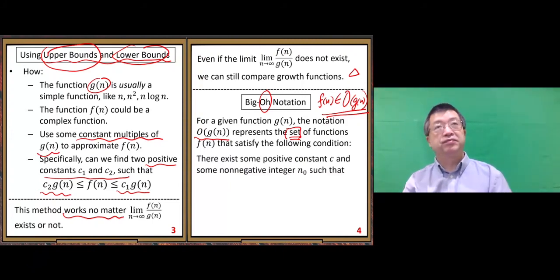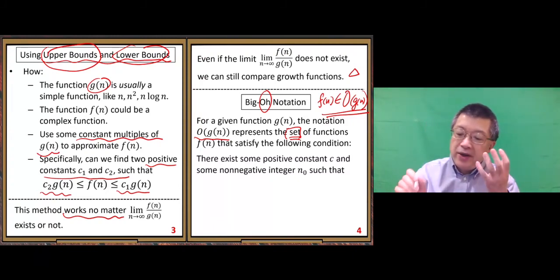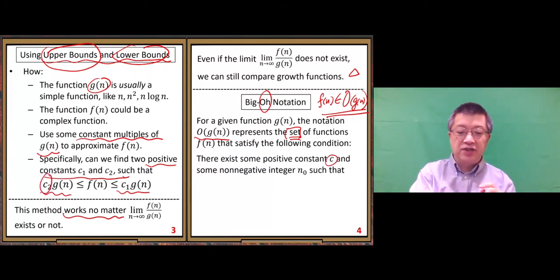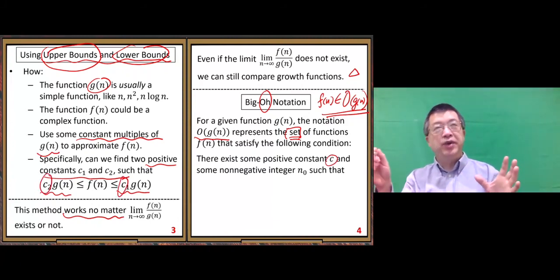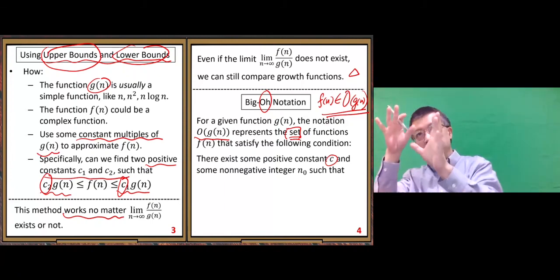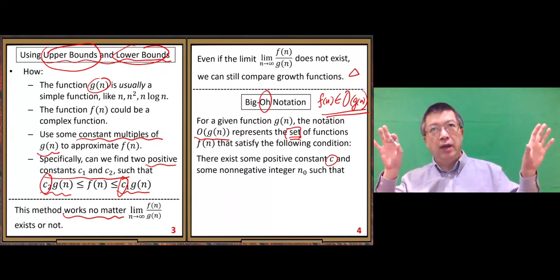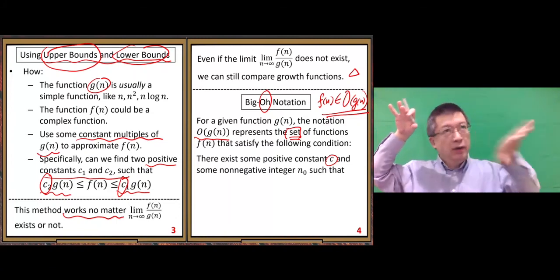So what condition? There exists some positive constant c. Here we considered two constants, but for big O notation, we only consider one constant, one bound. Only upper bound, no lower bound.